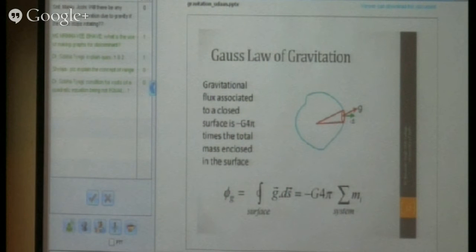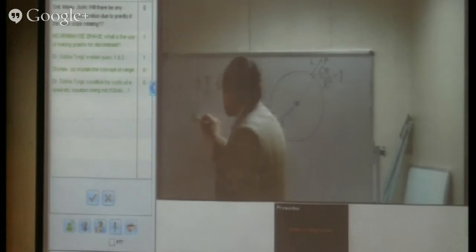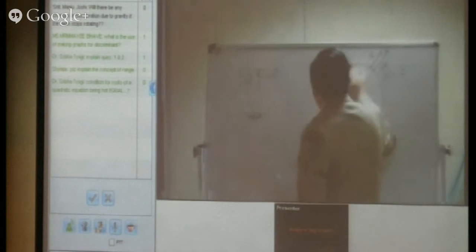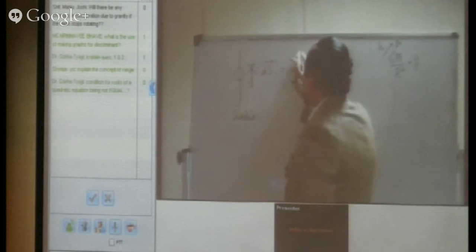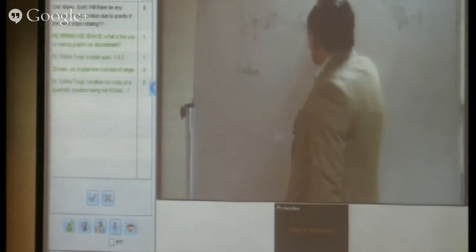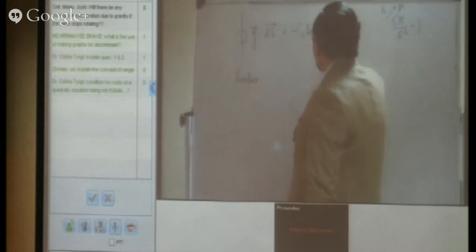See, if you take quantity g, which is a vector quantity, and take a surface element ds vector, and then I integrate it over the closed surface, all right, the law says that this is nothing but equal to G, negative sign, a constant 4 pi, then the total mass enclosed by the surface.